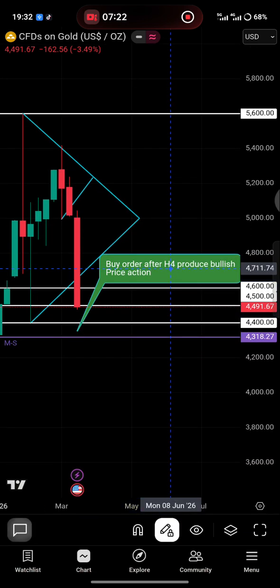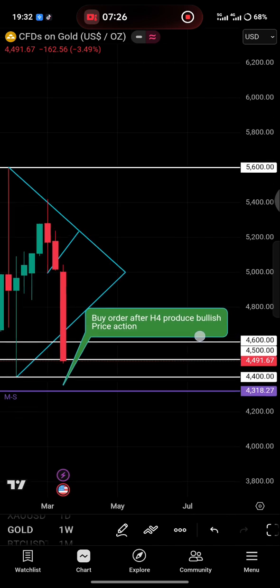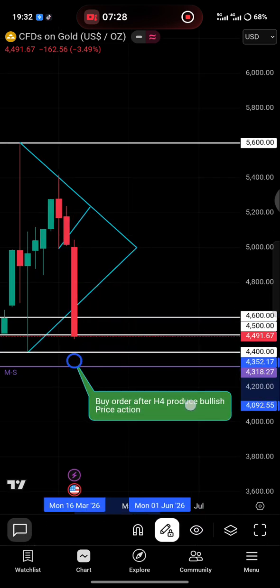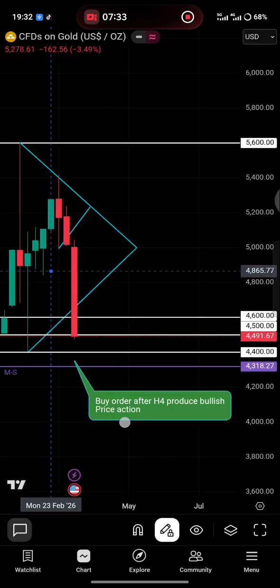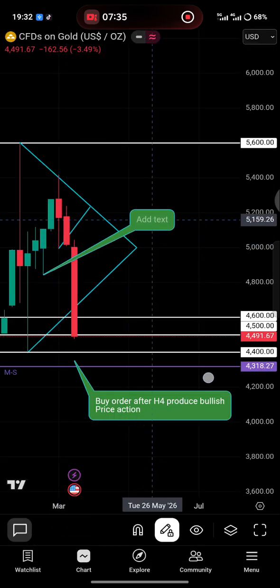So this is a spot that we're going to buy if the 4-hour candle starts producing a bullish price action, alright? And where is the spot that we're going to sell? We're going to sell at around this wick over here, right?